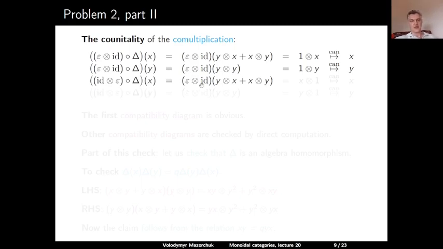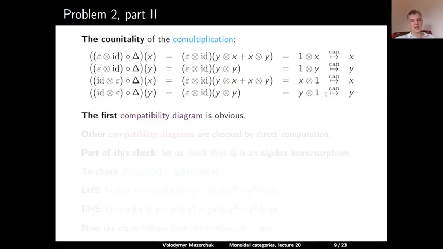In the first computation, we need to have identity tensor epsilon, and this will give us x tensor identity, and this under the multiplication is sent to x. And similarly for y, we have identity tensor epsilon applied to y tensor y. This is equal to y tensor the identity, and this is sent to y under the multiplication. And this establishes the co-unitality.